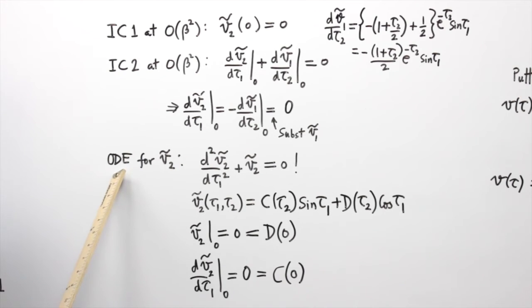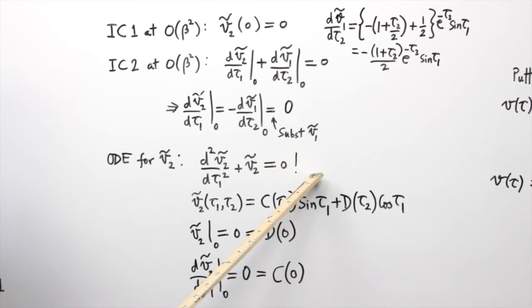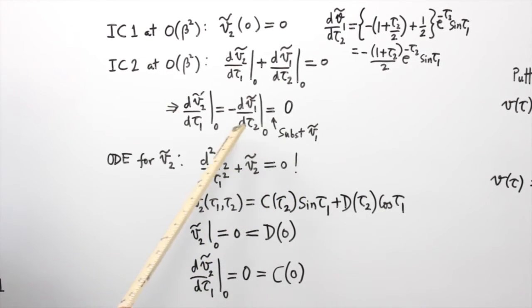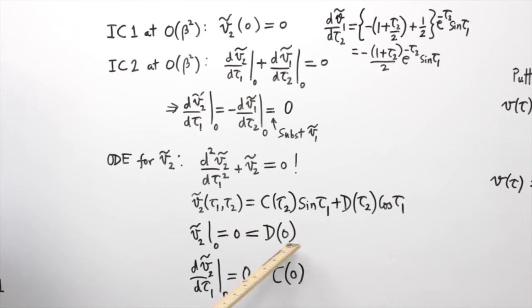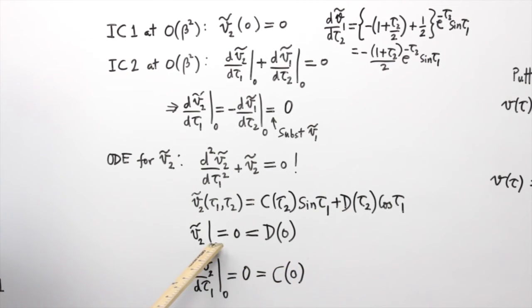Now the ODE is again homogeneous because we made the secular terms vanish, and we have just noted these two boundary conditions. The general solution to this homogeneous differential equation, written in this form, will need to satisfy these zero initial conditions: D is equal to 0 because the function at t equal to 0 is 0, and C at 0 must be 0 because the slope vanishes.